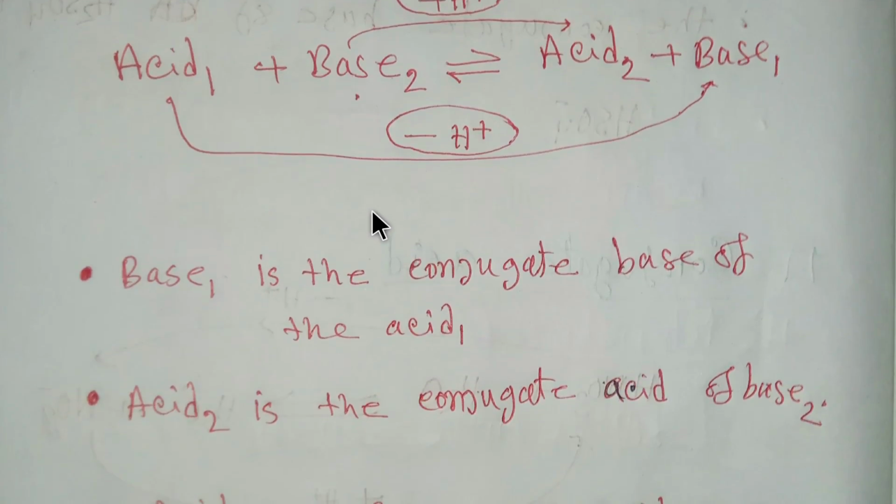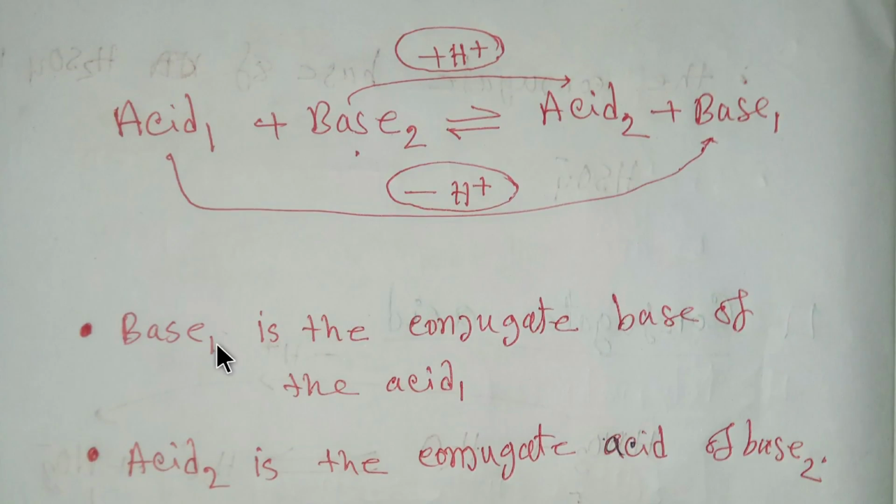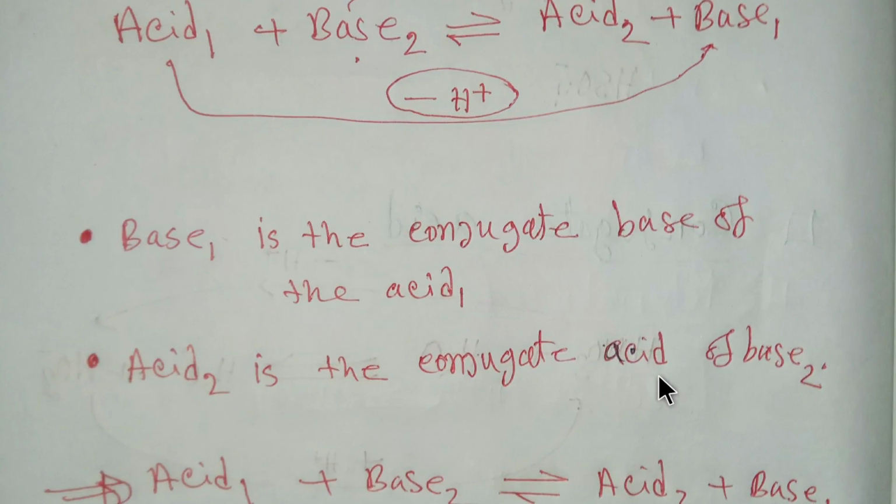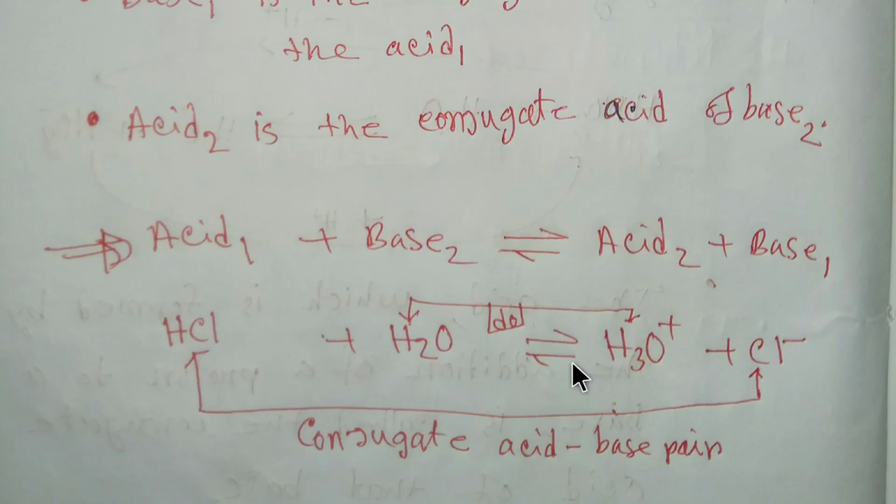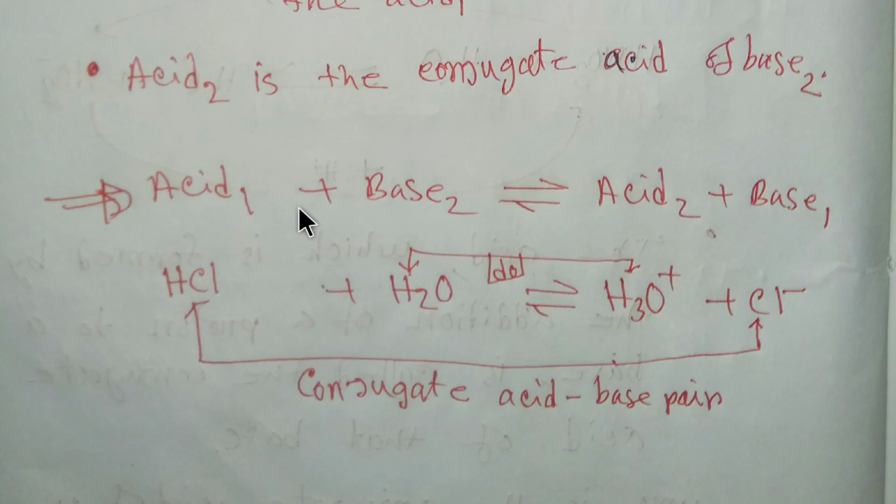Base 1 is the conjugate base of acid 1, and acid 2 is the conjugate acid of base 2, right? Here is the example. Acid 1 and base 2: this is HCl and this is water.